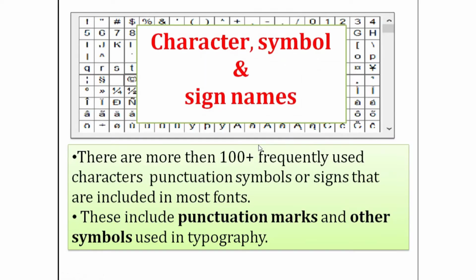Character, symbol and sign name. There are more than 100 plus frequently used characters, punctuation, symbols or sign that are included in most fonts. These include punctuation marks and other symbols used in typography.